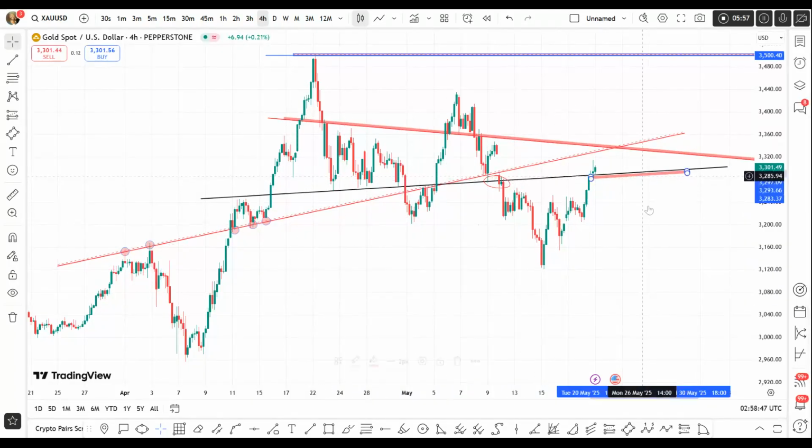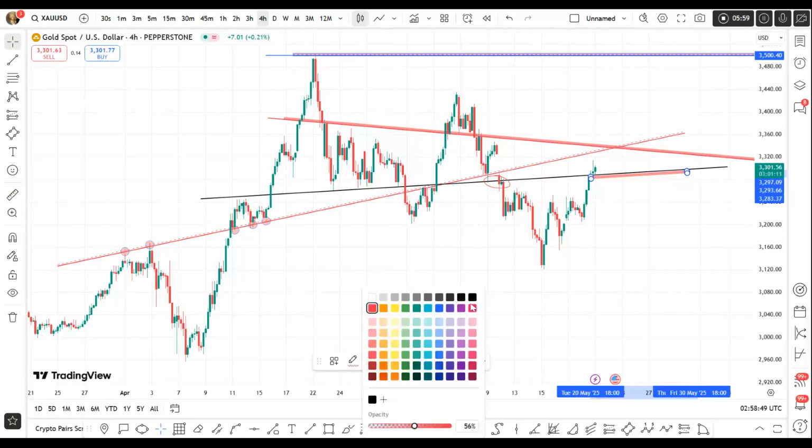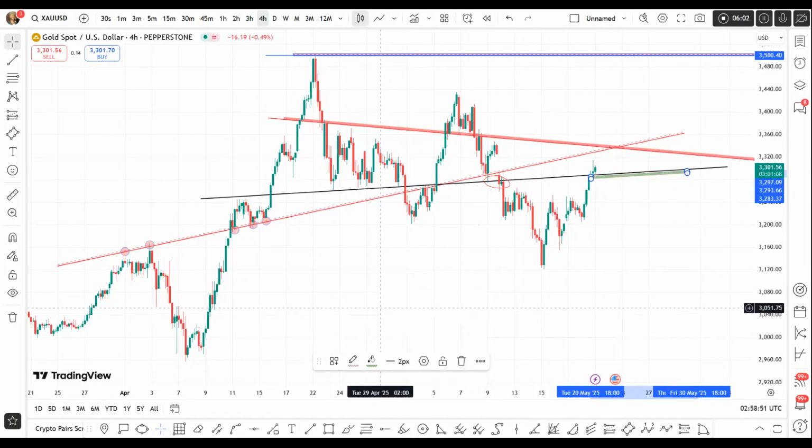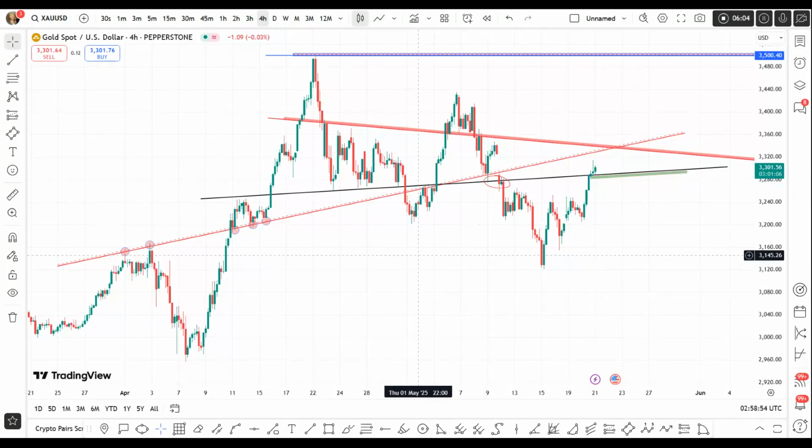So we're going to change the color to green, indicating buy. So from where the market is now, it's heading straight into 3,335, 3,339, 3,345.